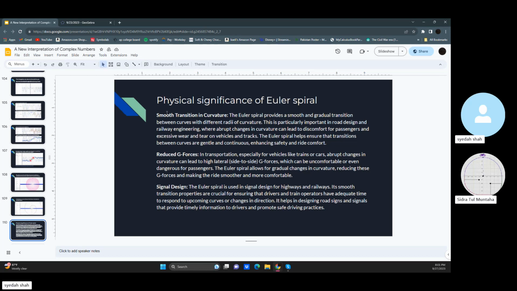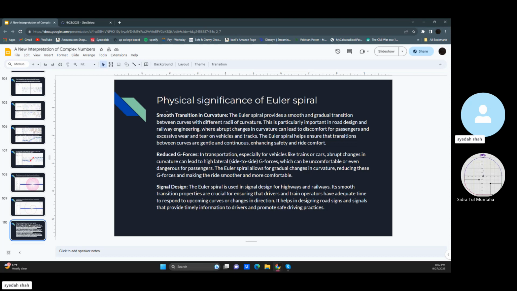Reduced G-forces. In transportation, especially for vehicles like trains or cars, abrupt changes in curvature can lead to high lateral G-forces, which can be uncomfortable or even dangerous for passengers. The Euler spiral allows for gradual changes in curvature, reducing these G-forces and making the ride smoother and more comfortable. Signal design.